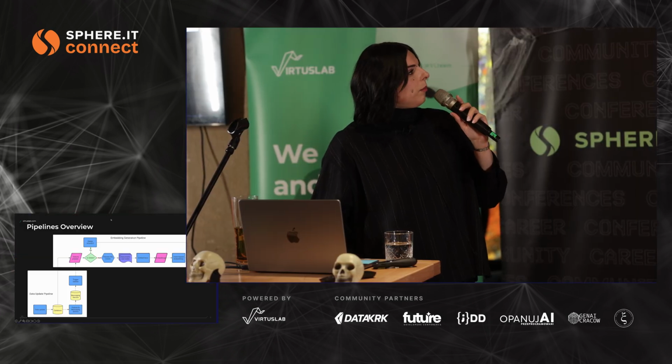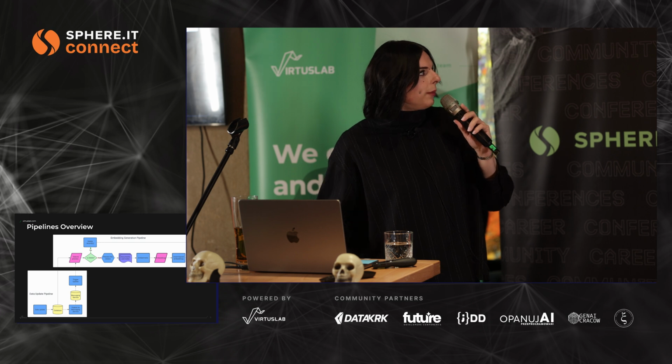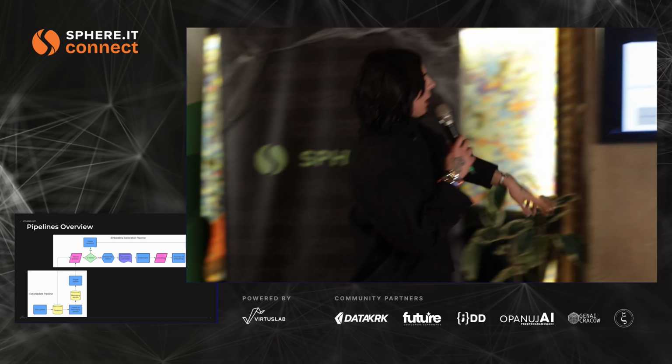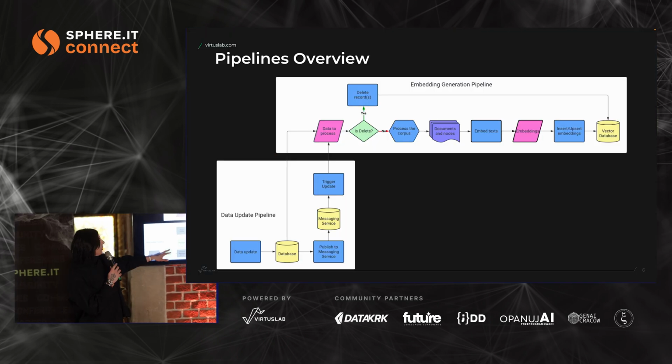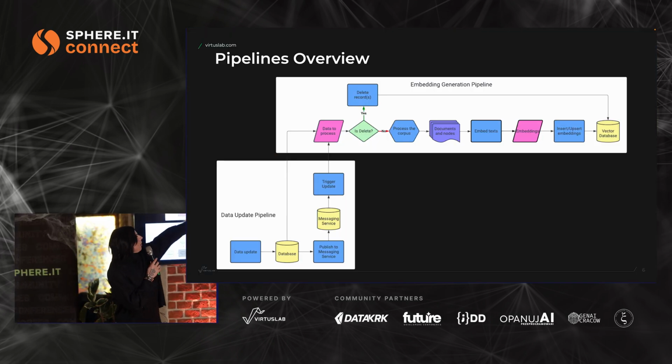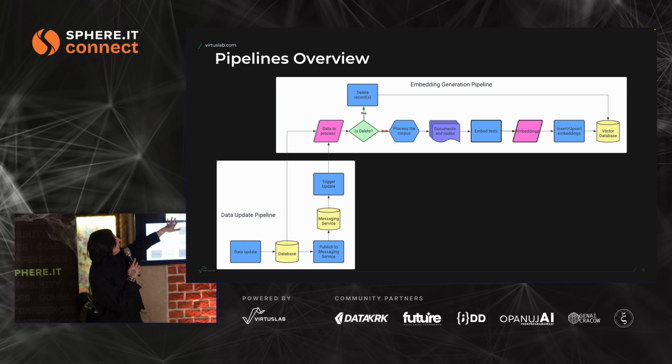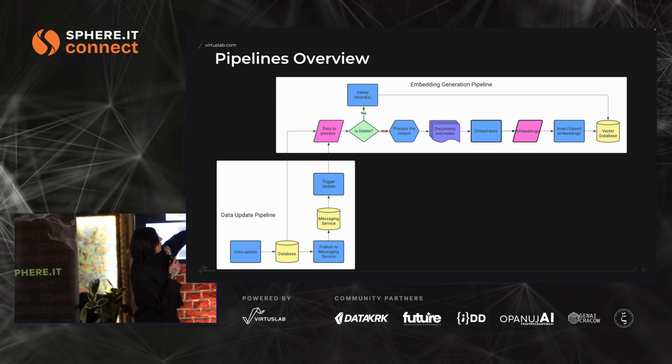This is an overview of the pipeline. We have our database with data that we want to process, documents, and these go into the embedding generation pipeline. Let's skip the delete part for now. We process the corpus.